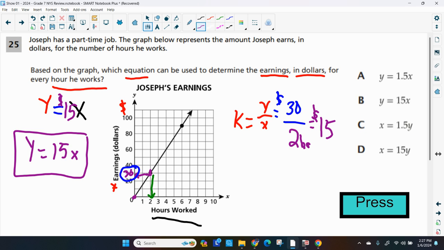So hopefully you remember important things like how to find the constant of proportionality, k equals y over x values. And remember your x lines and your y lines. So which one is which? And that'll help you decide. Now, A looks good, but it's not the right one because there's a decimal point there. B is the one we need. He makes $15 per hour.